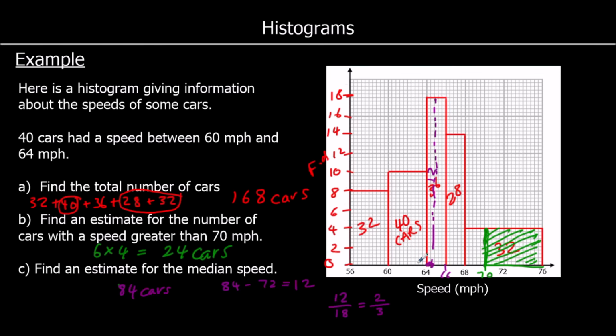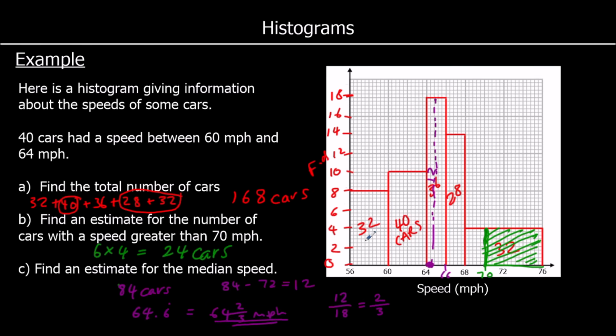So it is 64 plus 2/3. So we can call that 64.6 recurring, or 64 2/3 miles per hour.